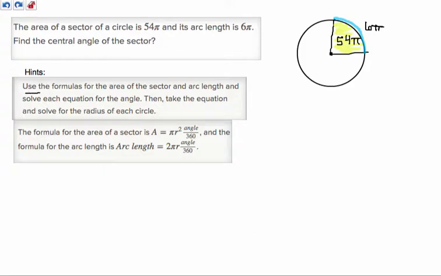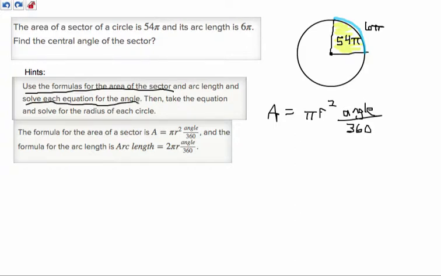We're going to use the formula for the area of the sector first. A equals pi radius squared times the angle, the central angle, divided by 360. And we're going to solve this equation for the angle. So we're going to plug in 54 pi for the area.